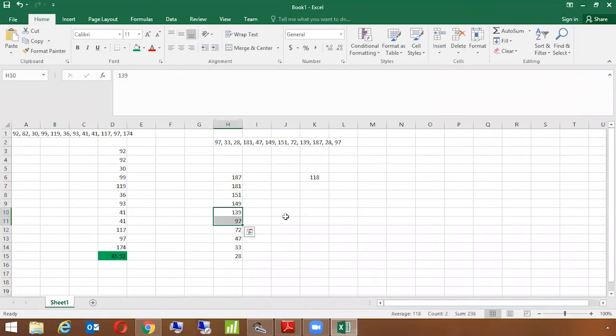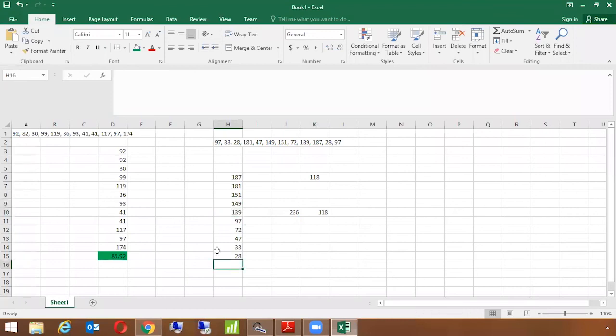If you want to do it manually, you take these two, sum them up, and take the mean of them. It's very simple. Take the two middle values and take the mean of them.